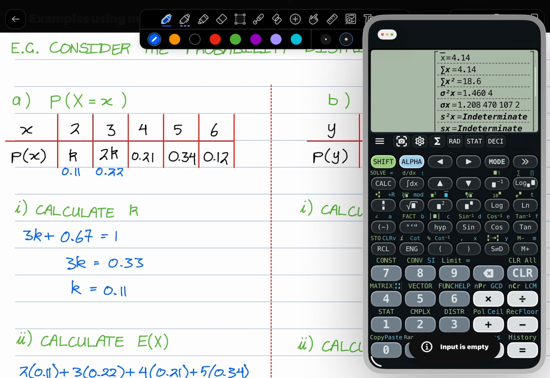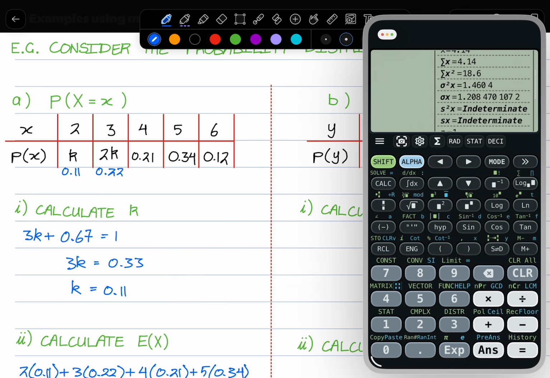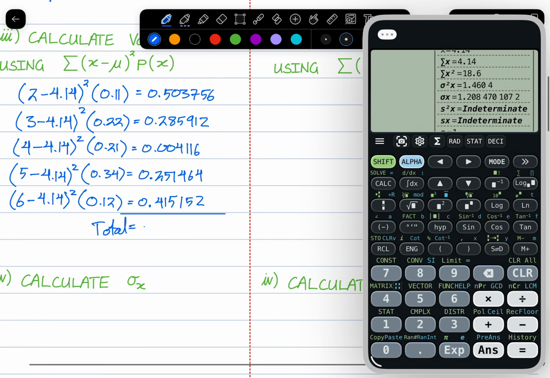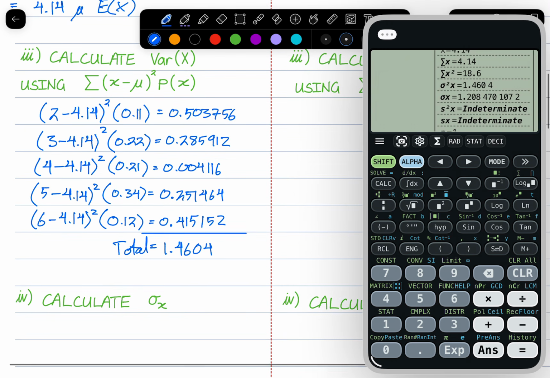From here, we can calculate the variance, sigma squared, 1.4604. So if I manually type this all in, I'd get 1.4604.